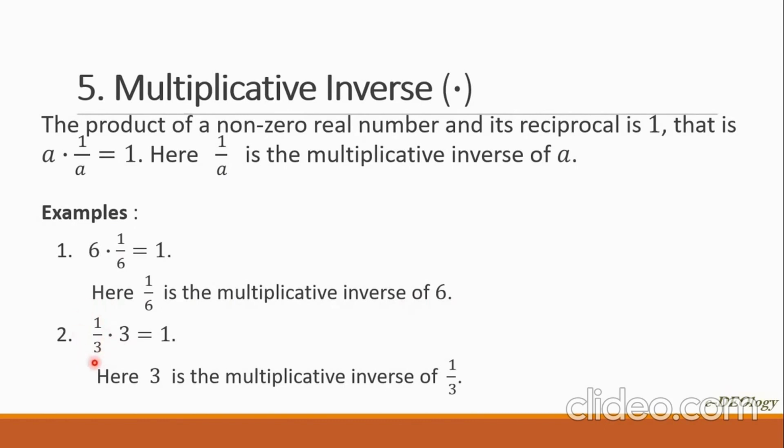So we think of a number that will be multiplied to this 1 over 3 to make the result to be 1, the identity. And that number is actually the reciprocal of 1 over 3, and that is this whole number 3. And this 3 is called the multiplicative inverse of 1 over 3.